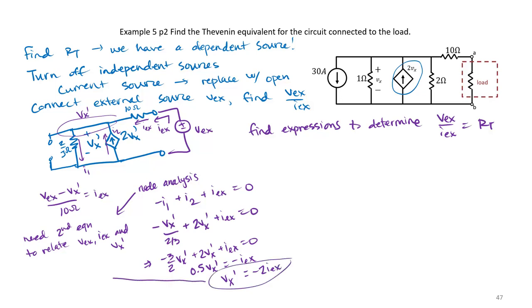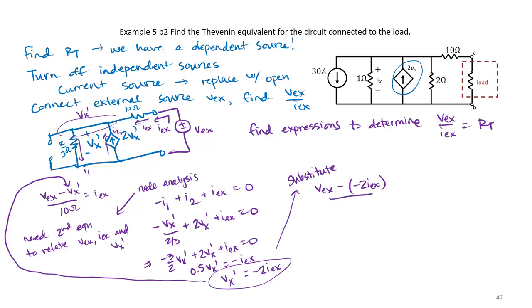Notice now that I have that, I can plug it back into my other equation. And I can determine VEX minus negative 2 IEX. So again, watch the negative signs. VEX minus negative 2 IEX over 10 equals IEX.